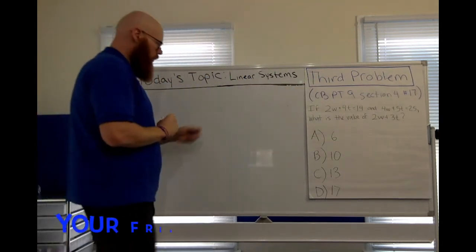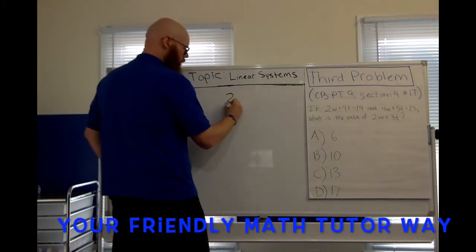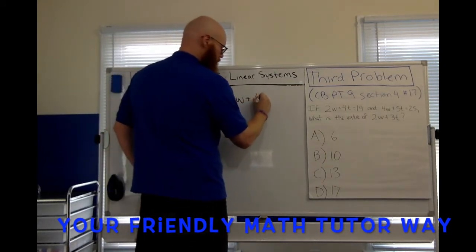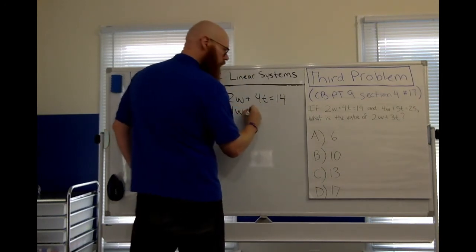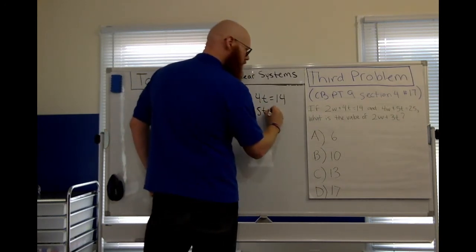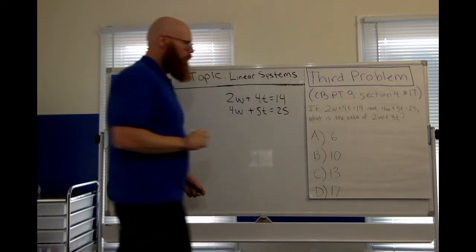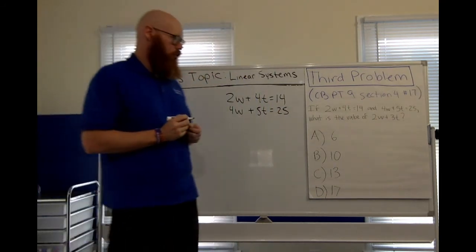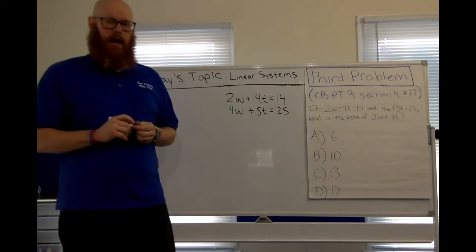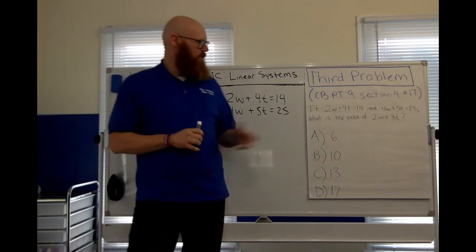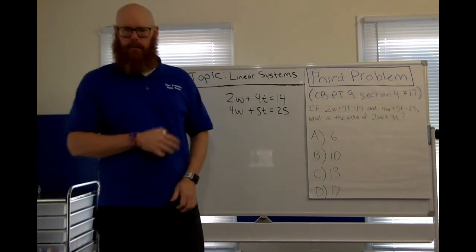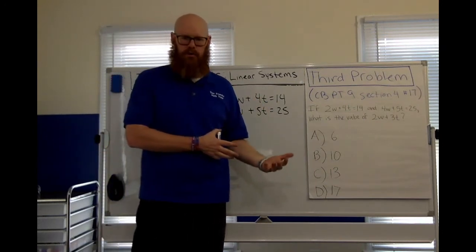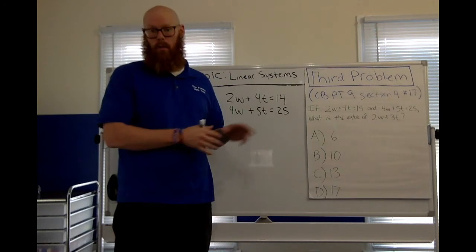Let's rewrite the system: 2w plus 4t equals 14, and 4w plus 5t equals 25. The way you'll know you should attempt Your Friendly Math Tutor way is when they give you a linear system and none of those constants are present, as there was in the last type of problem, the ones related to no solution or infinite solutions, which you'll follow as we did earlier in the video.